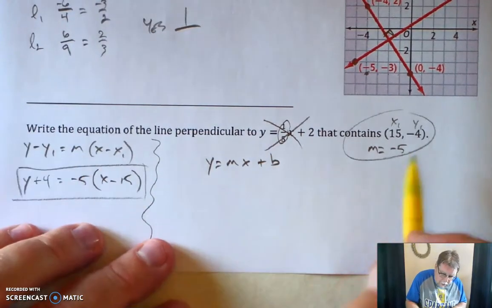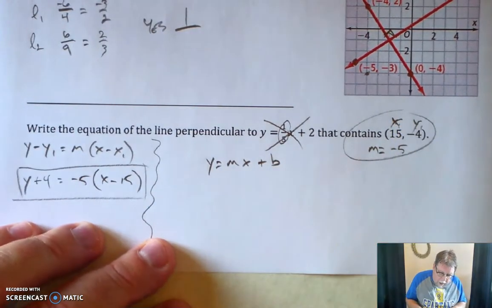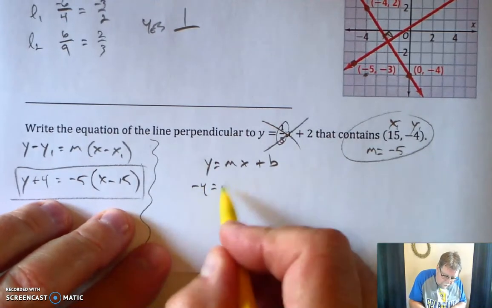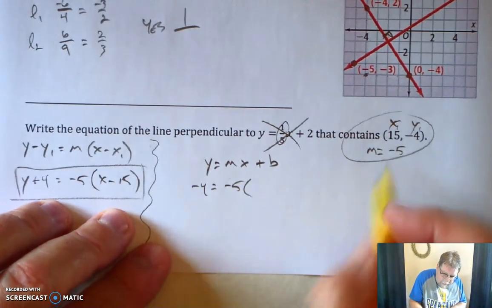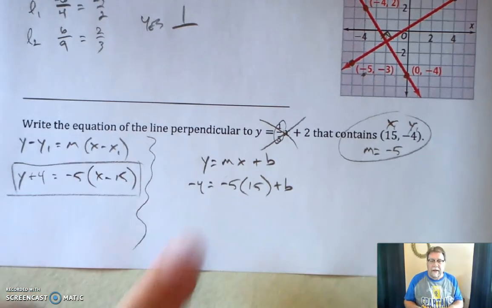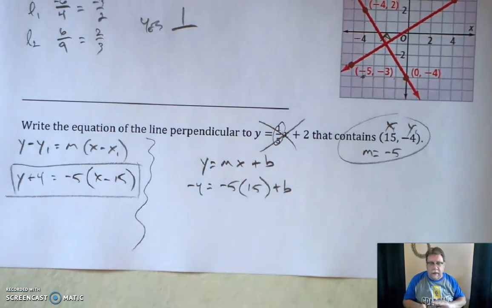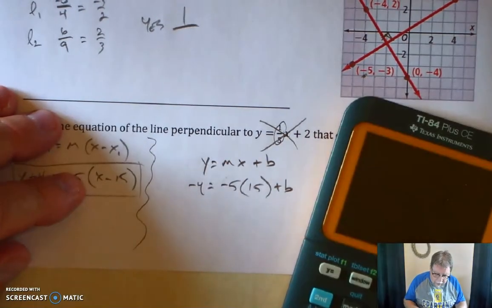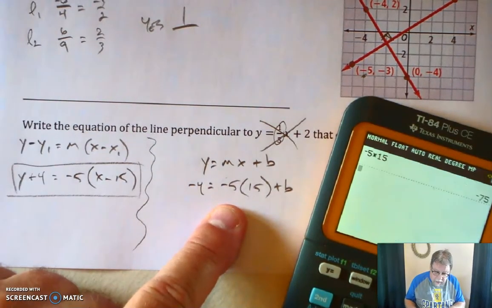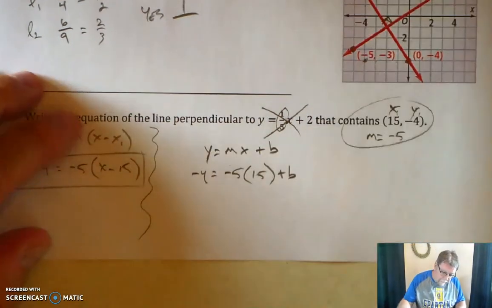So what we could do is we could just call this x and this y, and we could plug in y, which is -4, equals m, which would be -5, times x, which is 15, plus b. If I solve this equation for b, it'll give me my y-intercept. So if I do -5 times 15, that gives me -75.